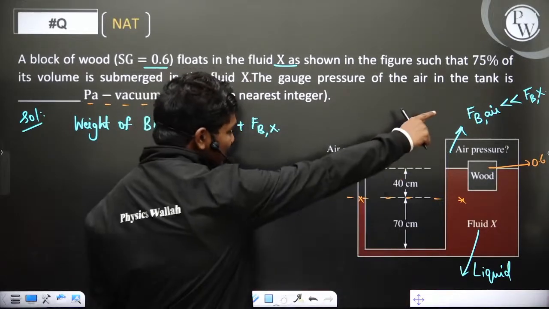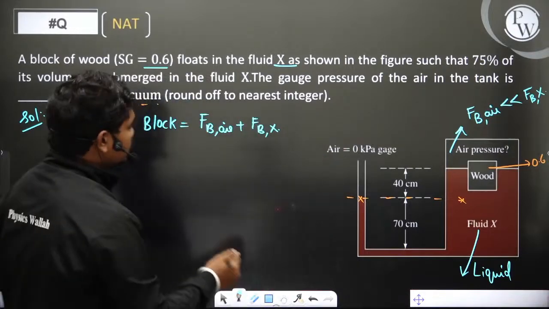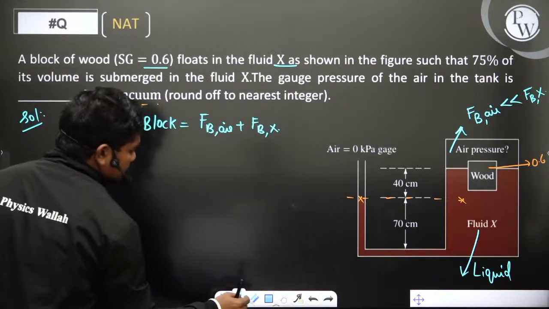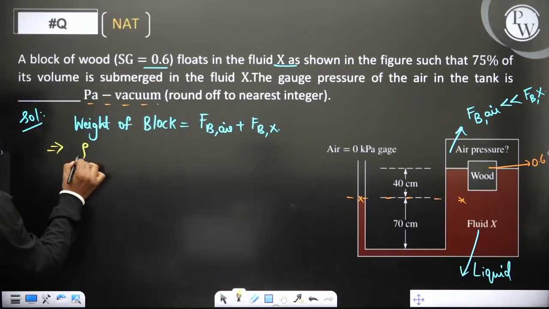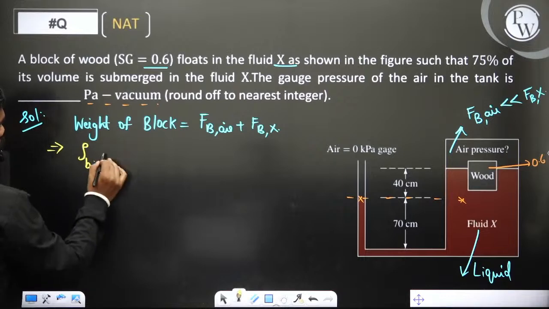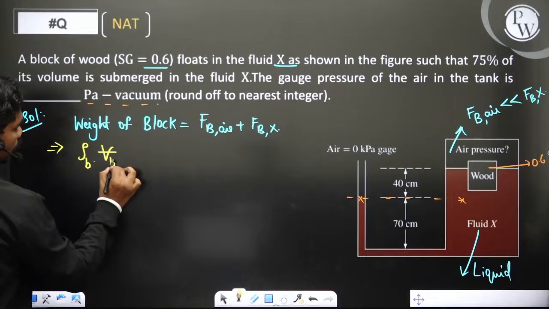Now why I have neglected buoyancy of air is actually, you can understand by the terms. If I write, weight of the block is density of the block into total volume of the block into gravity.